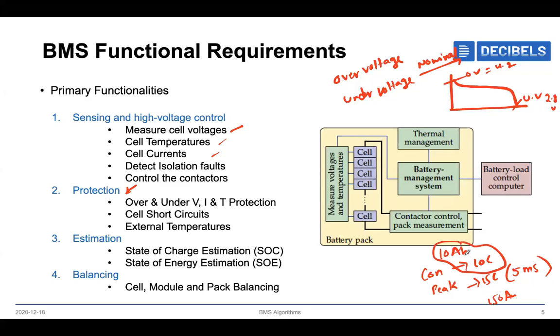Okay, so as I told you before, it's not solely a property of the BMS. It depends upon our cell selection also. If you have selected the wrong cell and you're using it for another application, then the BMS can't do anything. It will just simply shut down your battery pack, and you'll not achieve the targeted performance from the vehicle.